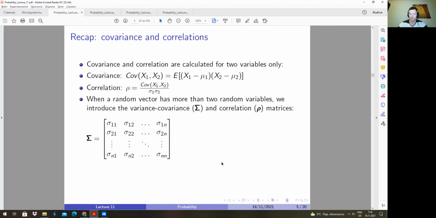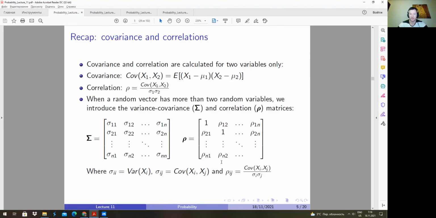Why do I do this? Because here i does not exceed j. So sigma 1,2, sigma 1,n, sigma 2,n, and so on. Here i exceeds j, so sigma 2,1 is not in that sum. Sigma 2,1 is not counted.